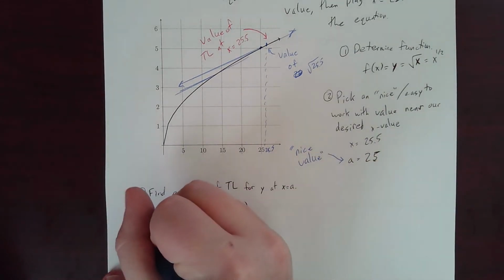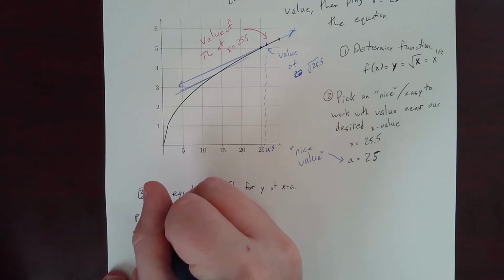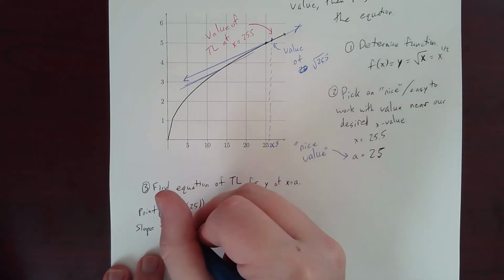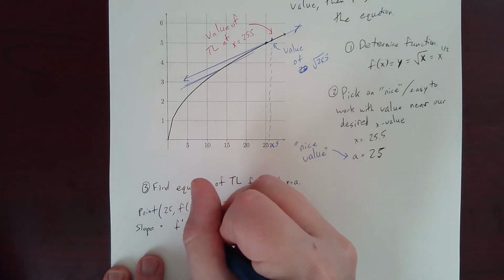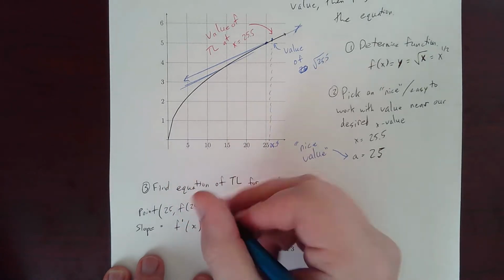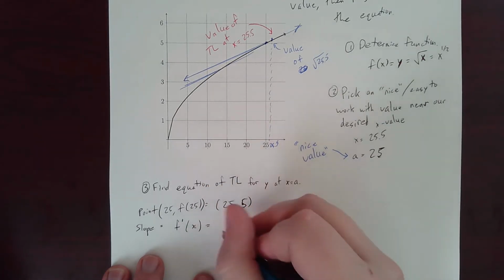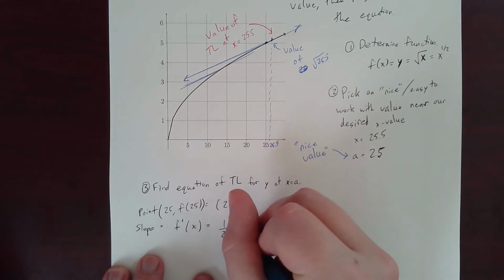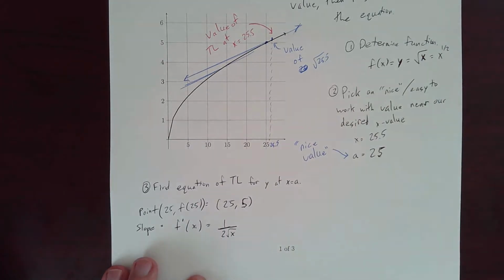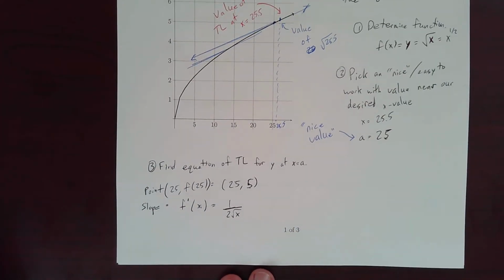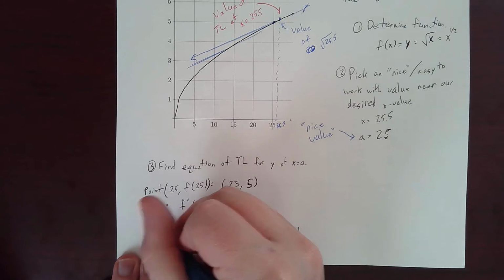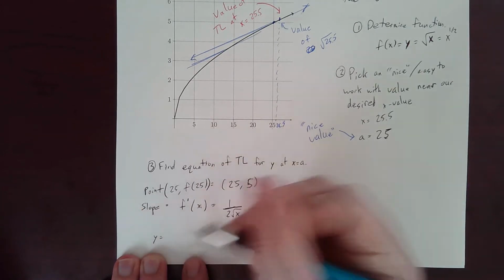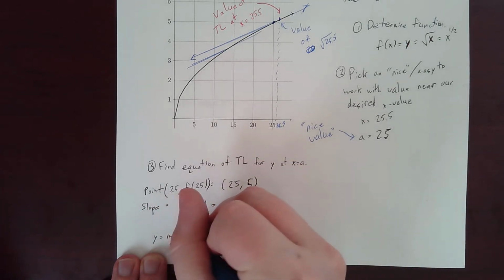We also need a slope, which is going to be f prime of x. So the derivative of this, of course, ends up being 1 over 2 square root of x. So if we want to find the equation of our tangent line, we just have y equals mx plus b.